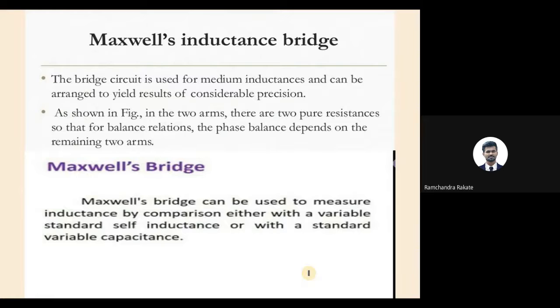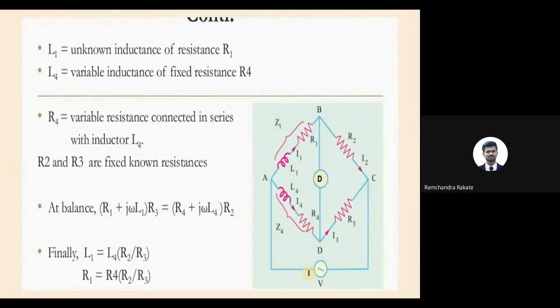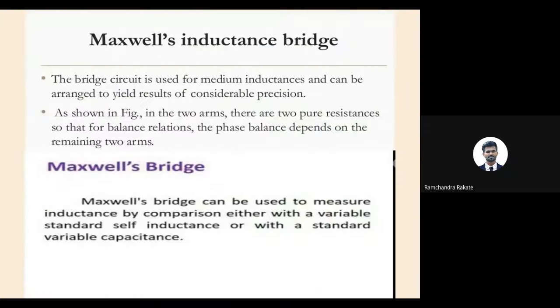Before going into this, we will first look at the purpose for which we are using it. The bridge circuit is used for measurement of medium inductance and can be arranged to give results with considerable precision. Precision is a characteristic of your measuring instrument. Here we are going to use two arms that are the ratio arms.